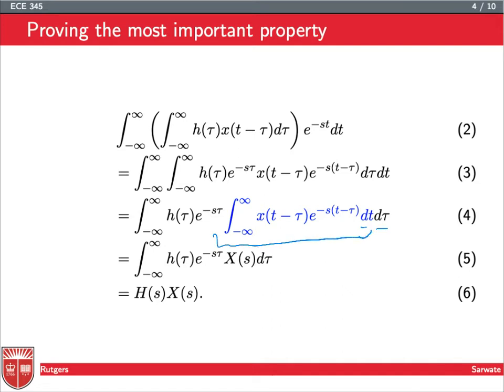And now this thing in blue, you can recognize, is just the Laplace transform of x, and so we get X of s here, and then this X of s doesn't depend on tau anymore, and so we can pull it out. So we get here the Laplace transform of h, and then we get H of s times X of s.